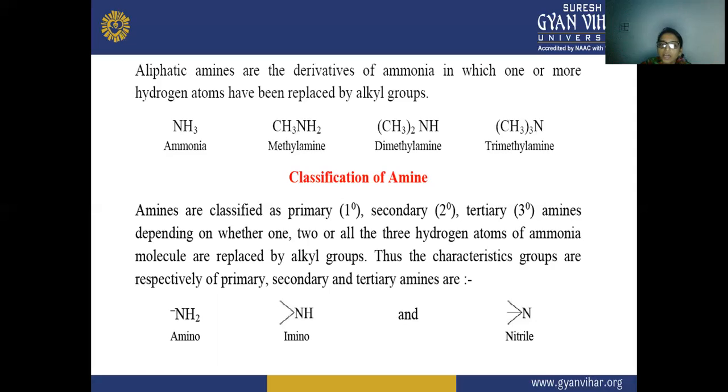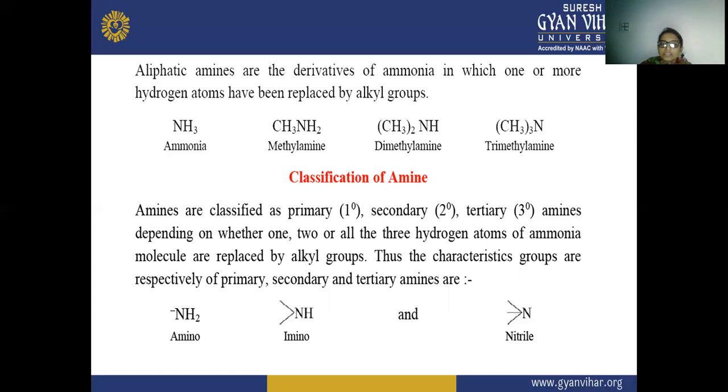Next is the classification of amines. Amines are classified into three forms. First is primary, that is 1 degree. Second is secondary, that is 2 degree. And third is tertiary amines.